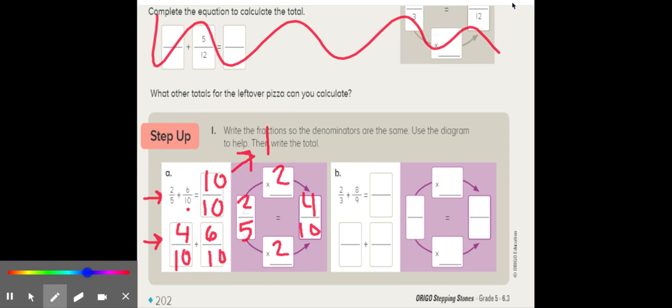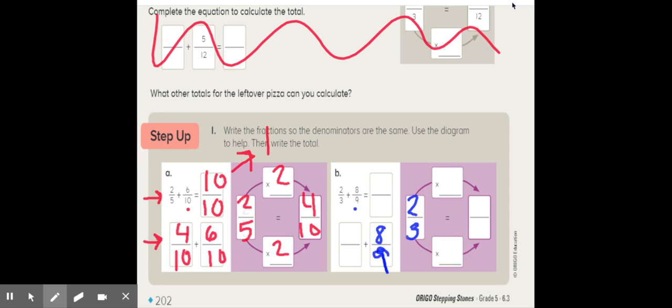All right, 2/3 plus 8/9. I need to make sure that my denominators are related. 9 is a multiple of 3, so they're related. I'm going to leave the denominator that has the higher number, leave that one the same. Oops, that's a 9. Sorry. All right, and the 2/3, that needs to change.